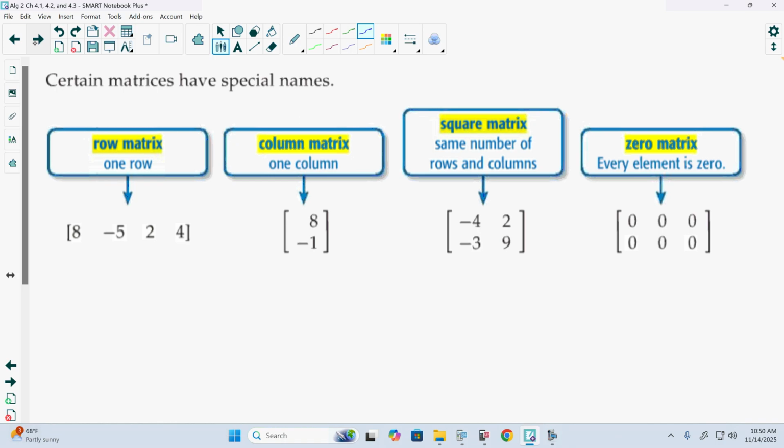If the number of rows and the number of columns are the exact same, it's a square matrix. So 2 by 2, 3 by 3, 1,000 by 1,000 is a square because the number of rows and the number of columns are the same. And the last one's a zero matrix. Doesn't matter the dimensions, but every element is zero. Then it's a zero matrix. They're just special names for these matrices here.